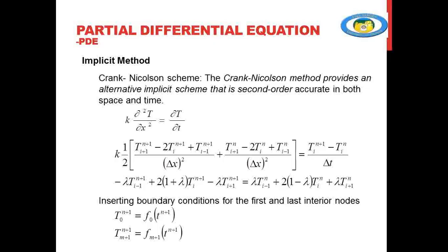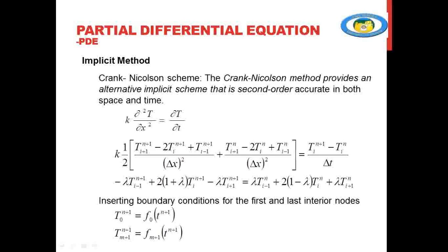The Crank-Nicolson scheme tries to average the spatial derivatives using the explicit scheme, which is at the nth time node, and the spatial derivatives at the n plus 1 node using the implicit scheme. So it's essentially an average, half of the implicit scheme and half of the explicit scheme. And then similarly, we are going to insert boundary conditions into this set of equations to solve the partial differential equations.